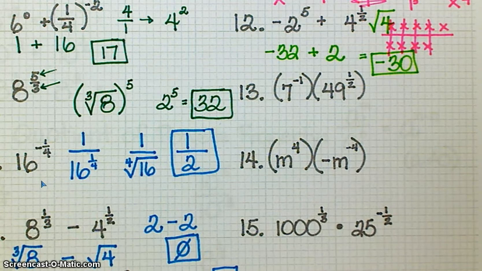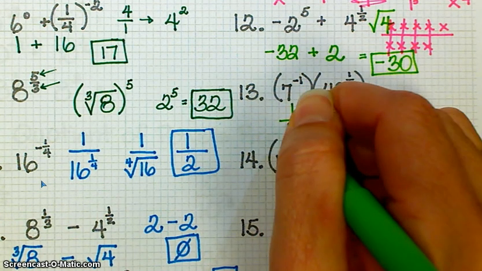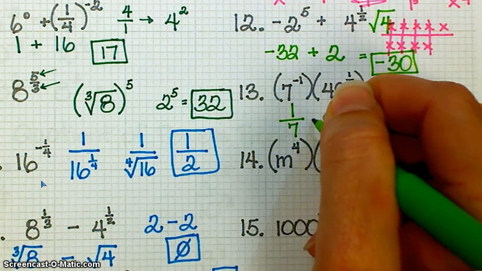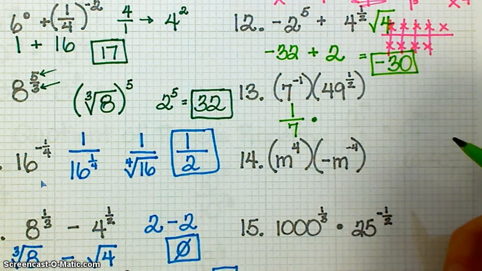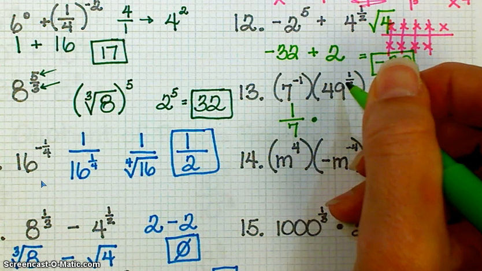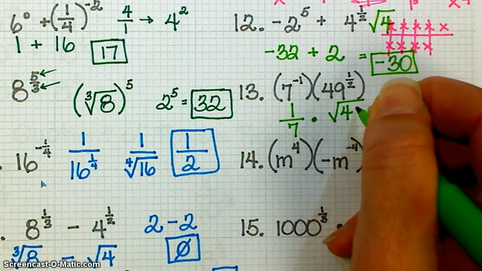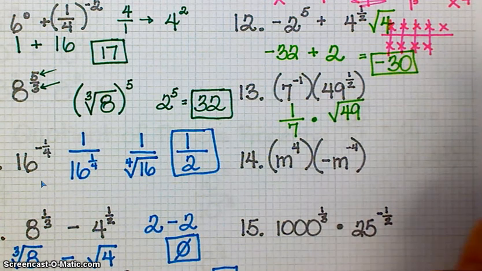7 to the negative 1 power is the same as 1 over 7 to the first power, or just 1/7, times 49 to the 1/2 power. Remember, to the 1/2 power tells you to take the square root of 49. Okay?